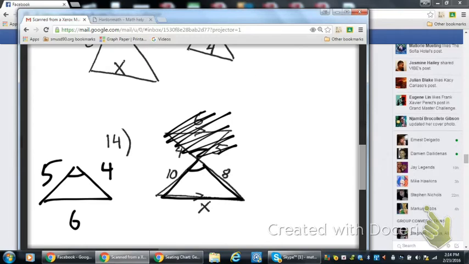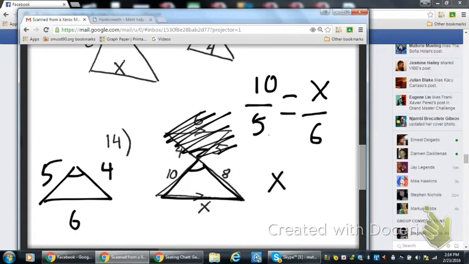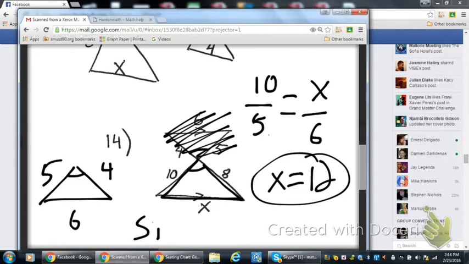The moment they're the same, think proportion. 10 over 5 equals x over 6. 5 times 2 is 10. 6 times 2 is 12. Similar by SAS. Okay, so the justification is really important.